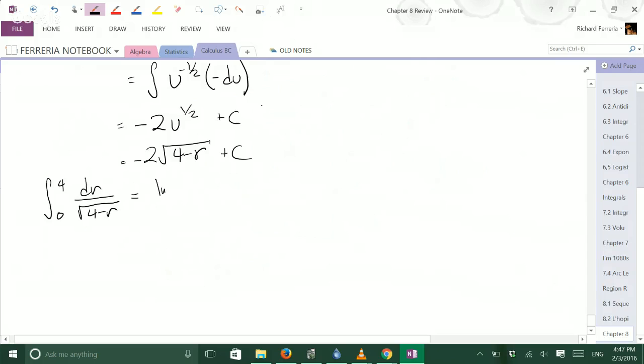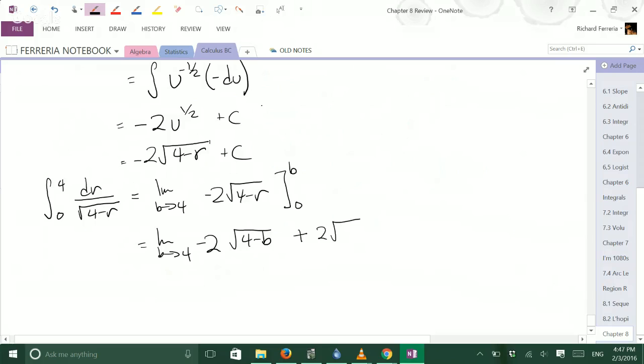So we're going to take a limit as b goes to 4 of negative 2 root 4 minus r from 0 to b. Let's make our substitutions. We now have the limit as b approaches 4 of negative 2 root 4 minus b minus negative 2 root 4 minus 0.